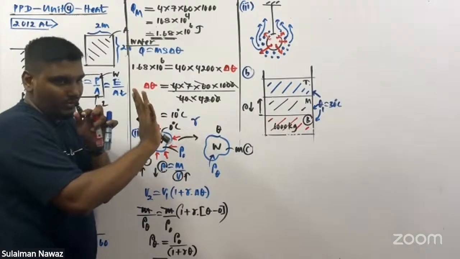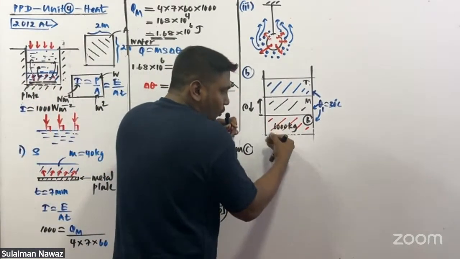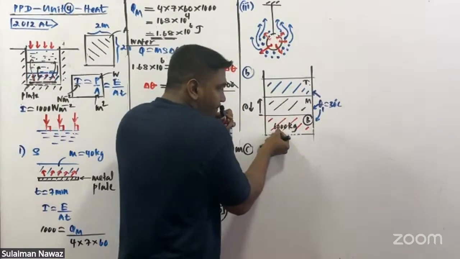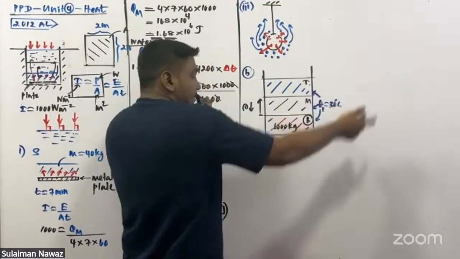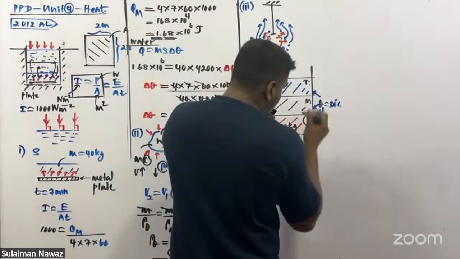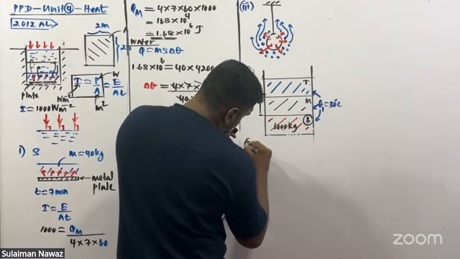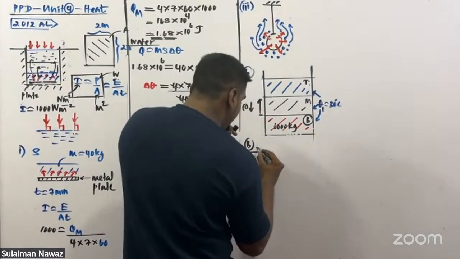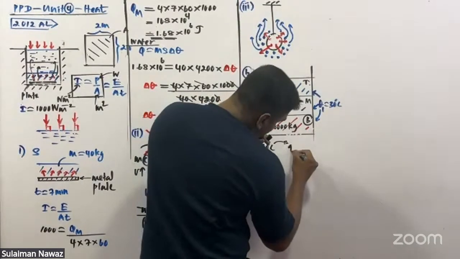So the bottom water layer absorbs heat and its temperature increases from 30 degrees Celsius to 90 degrees Celsius.